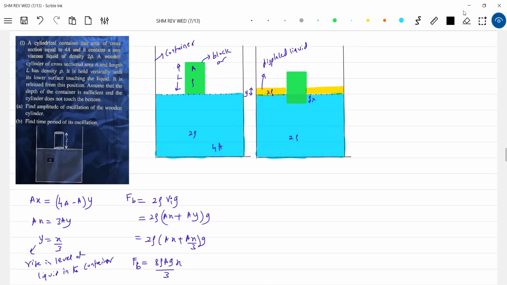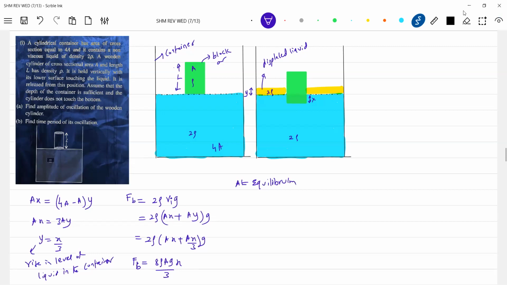So at equilibrium, problem is solved. Once you are able to think about this volume immersed, the volume immersed is not only this one. The total volume immersed is this one, VI. And that's why I brought it here.